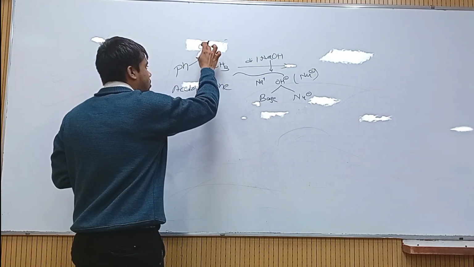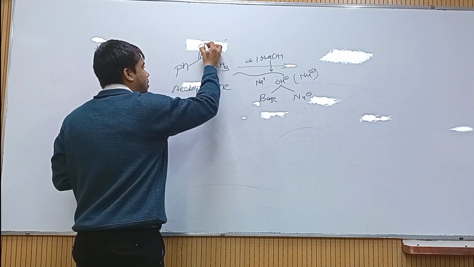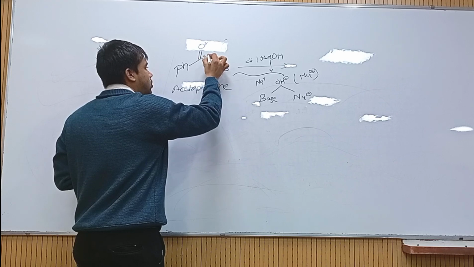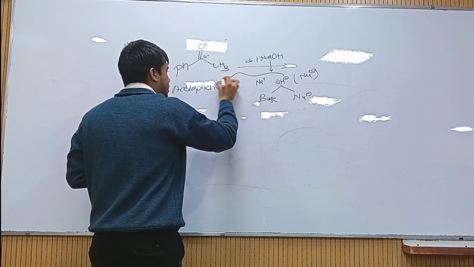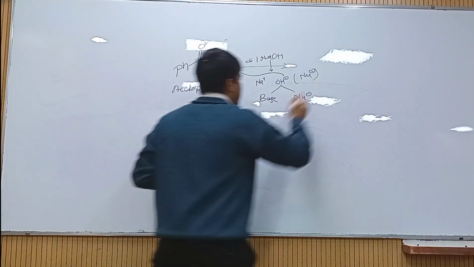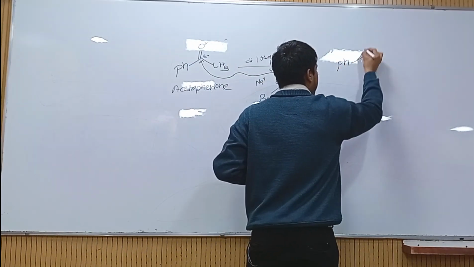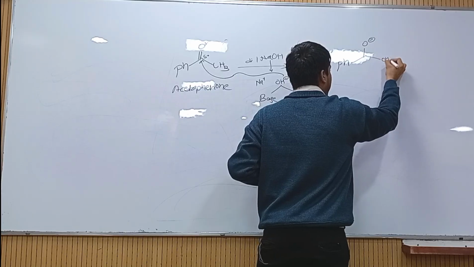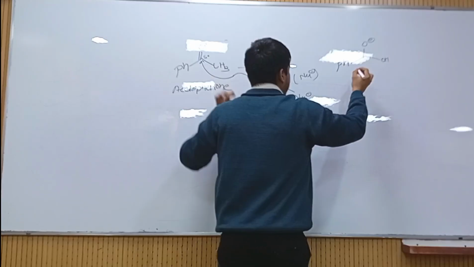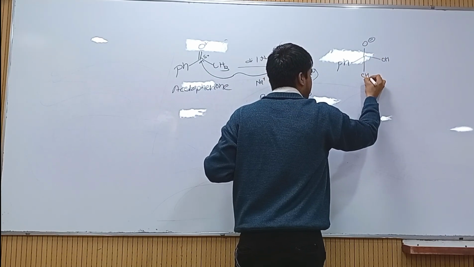Since oxygen is more electronegative than carbon, here will be delta negative, here will be delta positive. So OH minus will try to attack this carbonyl center, which is electrophilic in nature. So it will form O minus, and here we will have OH, and the CH3 I am drawing here.